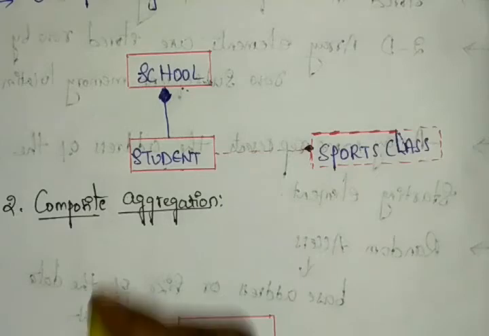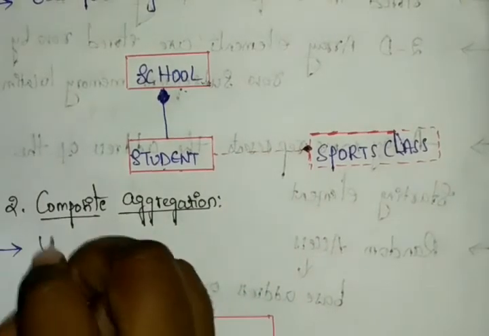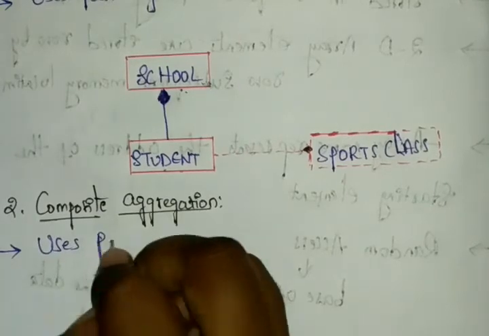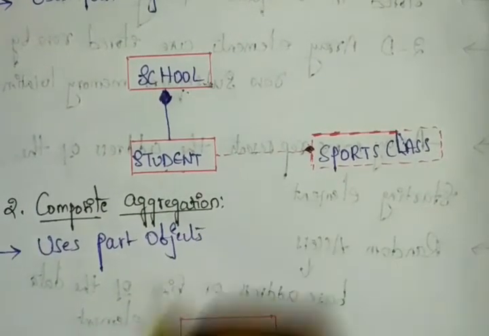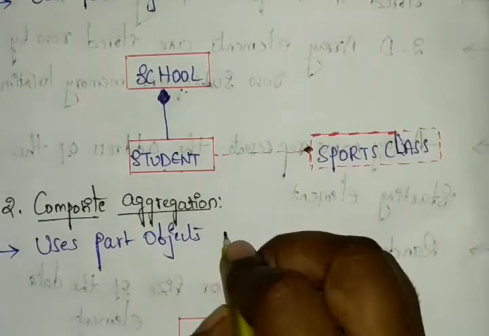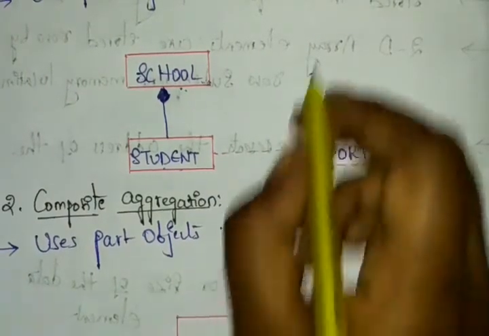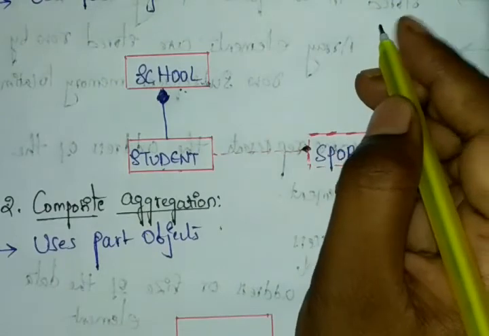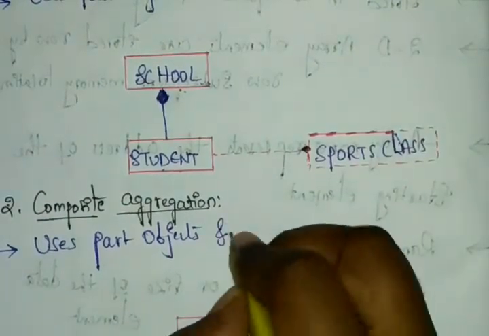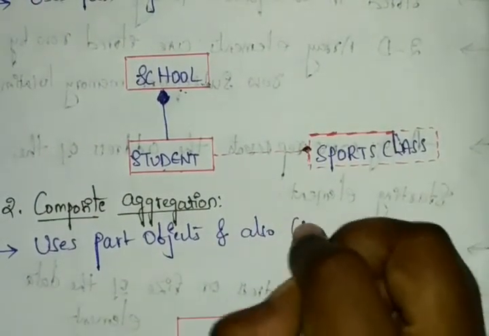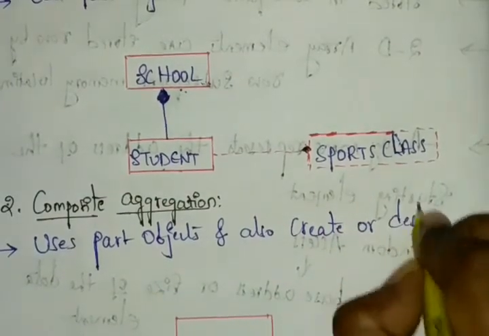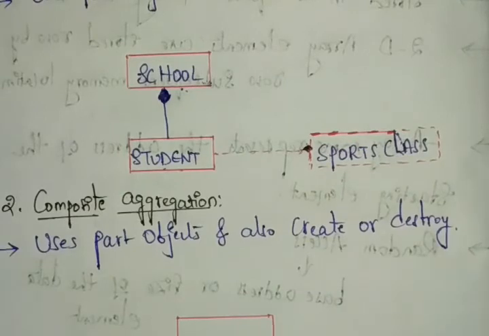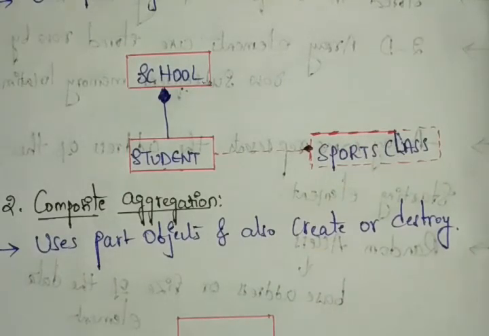With composite aggregation, we also use part objects, but these part objects can be created and destroyed also. We can create them and we can also destroy them. This is the opposite of our simple aggregation.